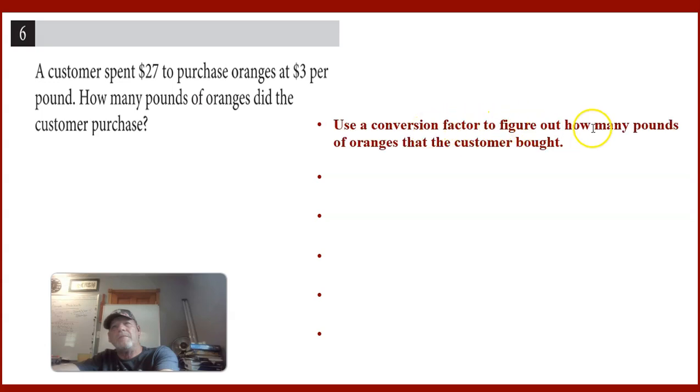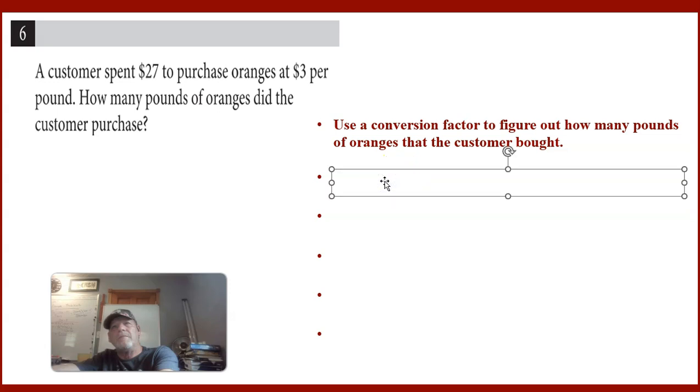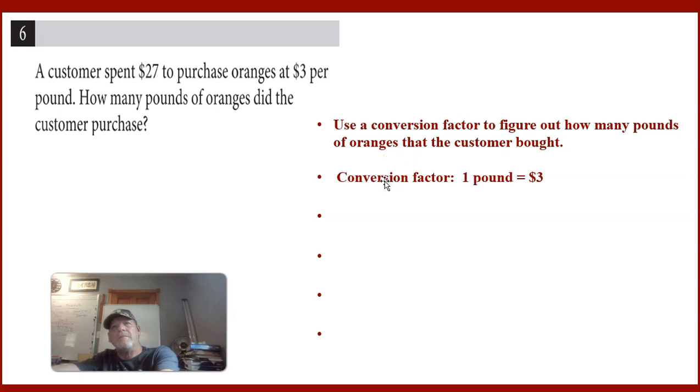We're going to use a conversion factor to figure out how many pounds of oranges that the customer bought with that amount of money. So the conversion factor in this case, it says that 1 pound equals $3. See how it says purchase oranges $3 per pound. So 1 pound equals $3. So I can write this as a ratio, 1 pound over $3.